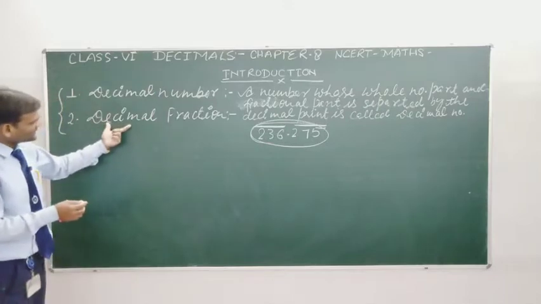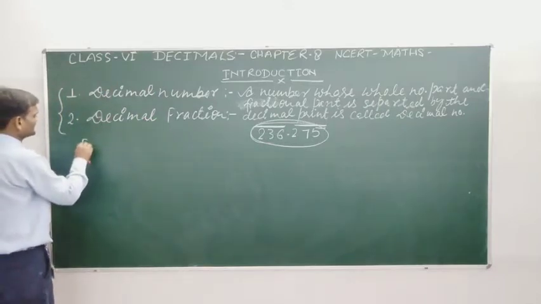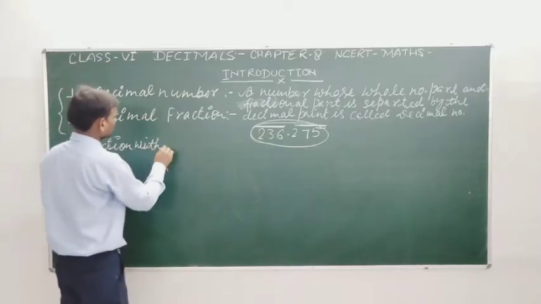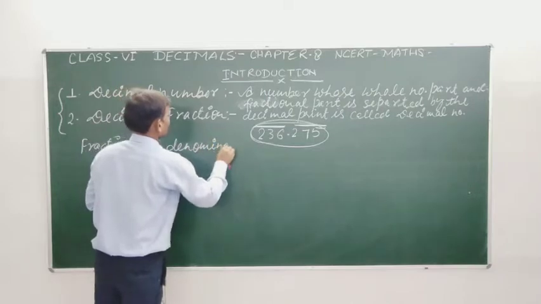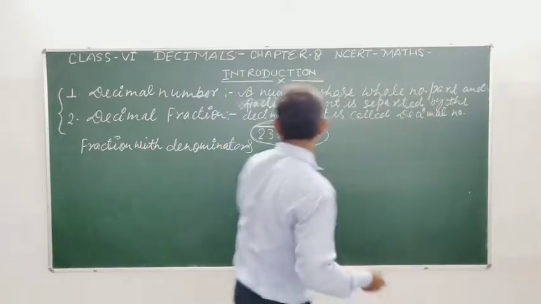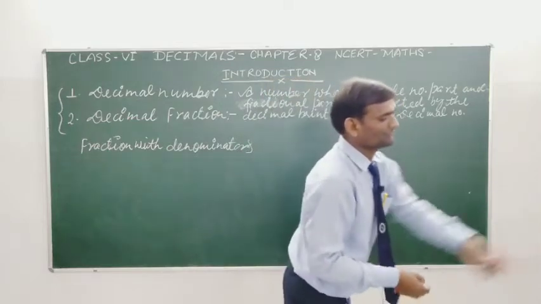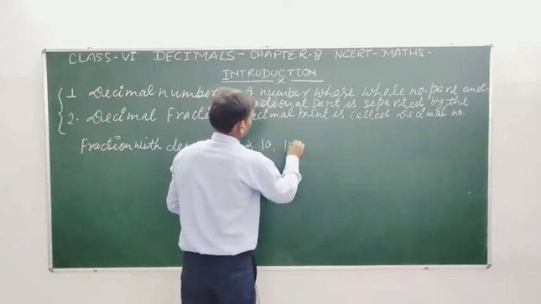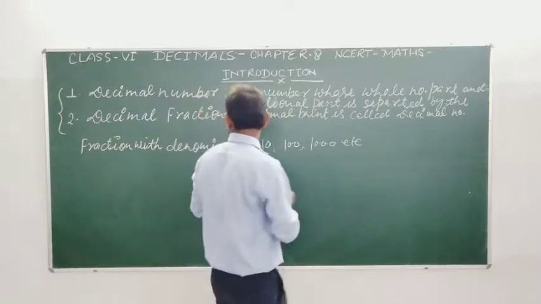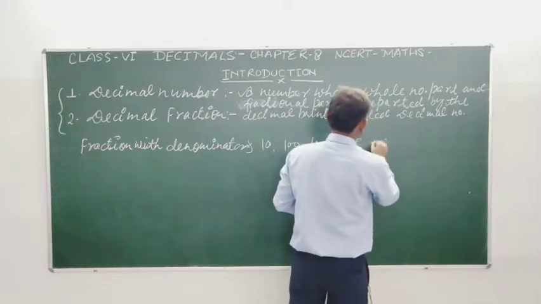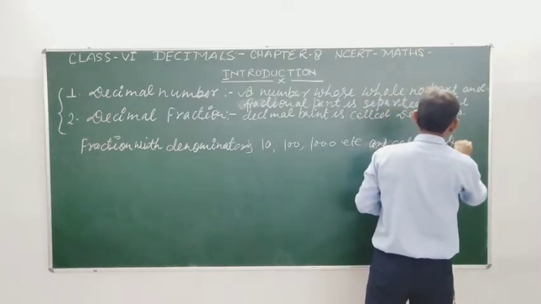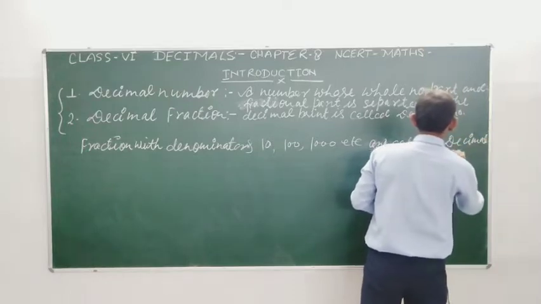And if we need to define the decimal fraction, then we can say that fractions with denominators 10, 100, 1000, etc. are called decimal fractions.